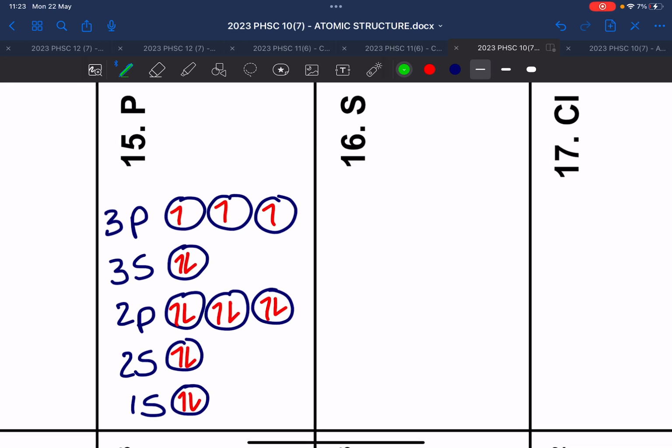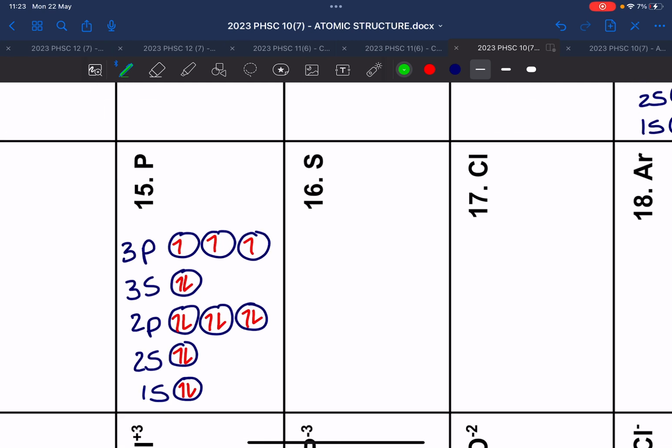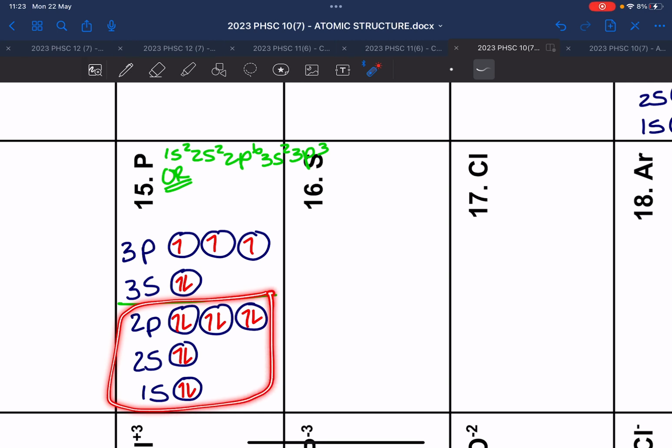All right. If we need to write the electron configuration of P, you can do it in one of 2 ways. You can either do 1s2, 2s2, 2p6, 3s2, 3p3. Or, scientists are lazy but effective. That there is the electron configuration of what? It's the same as neon.